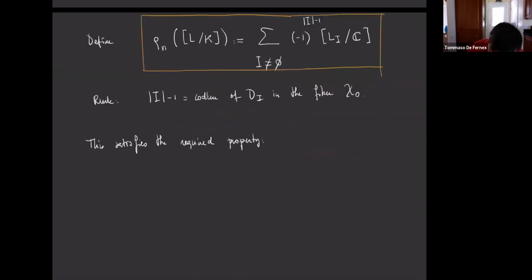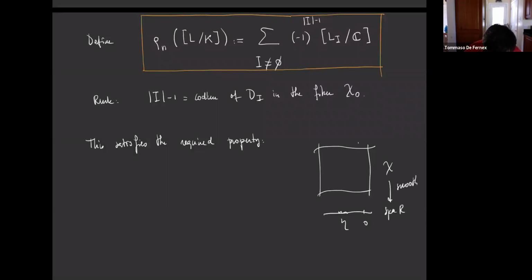So suppose I give you now a smooth family. This means that there is a generic fiber here, and then there is a central fiber, which is smooth.